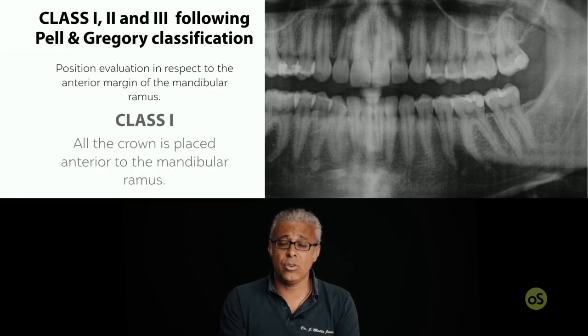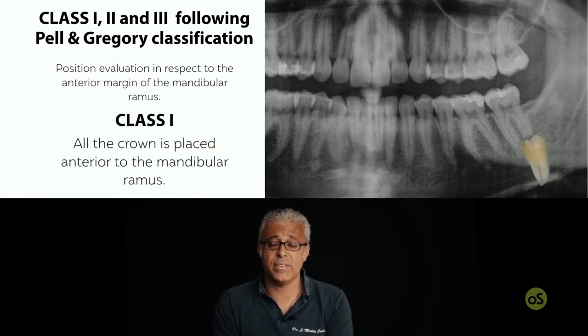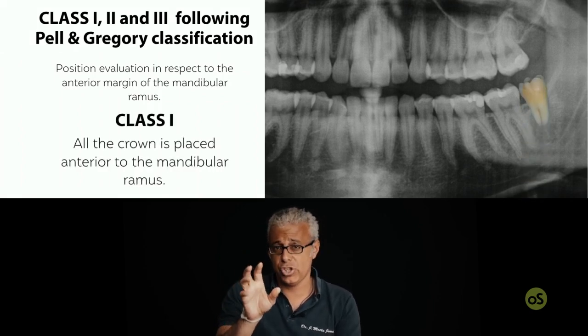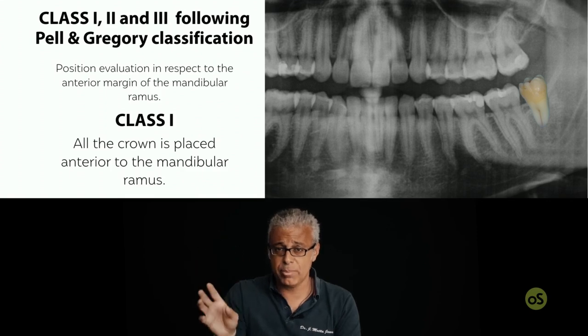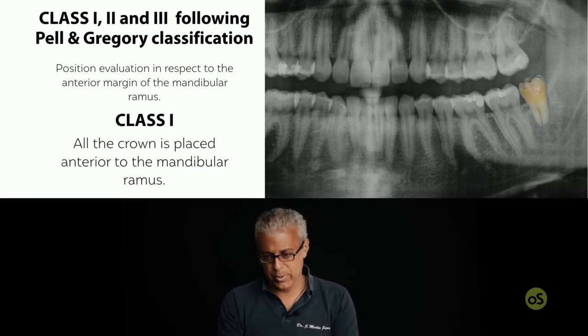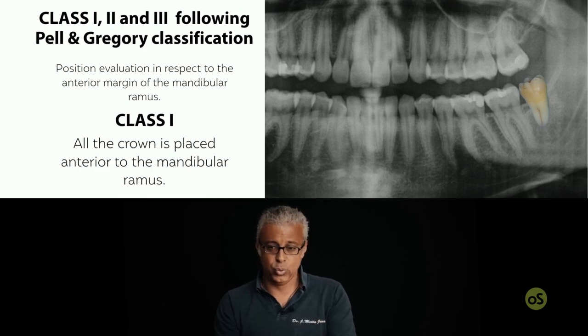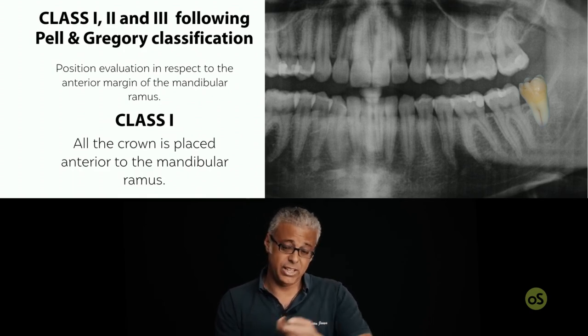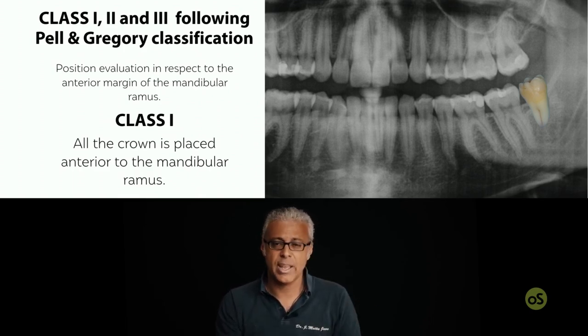And then we have the Pell-Gregory classification, which gives us information on the position of the tooth regarding the ramus and the occlusal plane of the second molar. And we have class 1, where the crown of the tooth is placed anterior to the mandibular ramus, which is the easy case, the easy extraction.